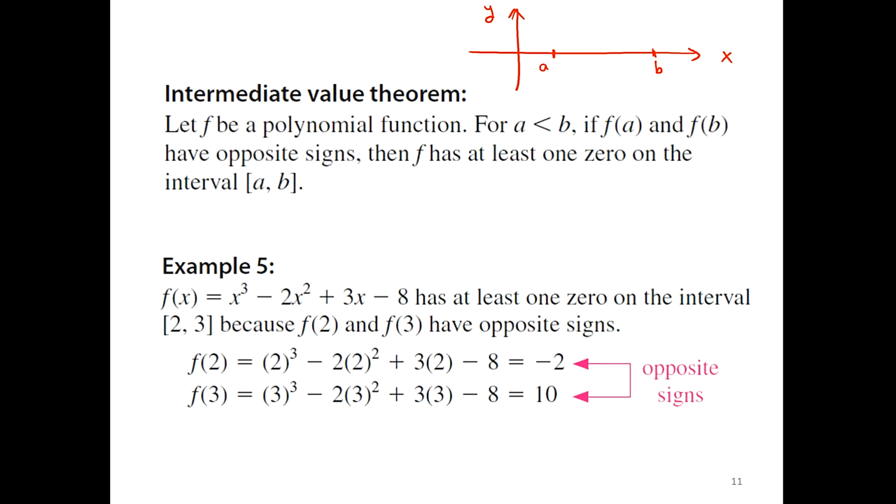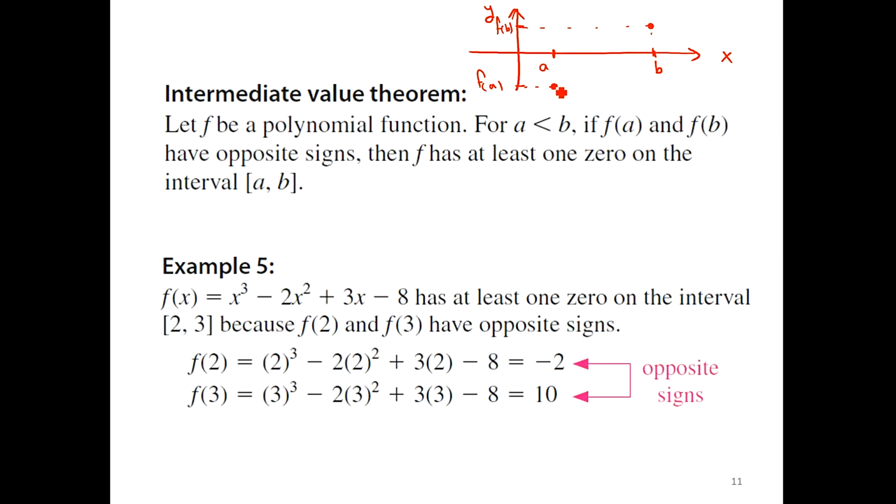If f of a is negative, f of b is positive. If f of a is positive, f of b is negative. So we have different, opposite signs. For example, at a, f of a is negative, and at b, f of b is positive.